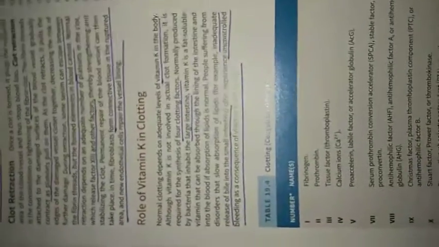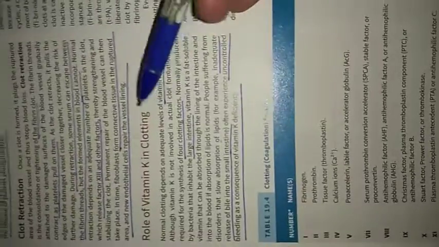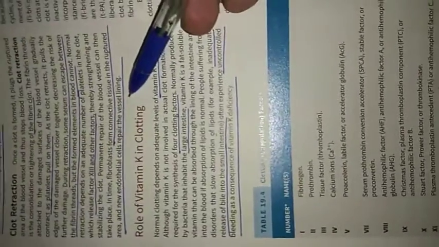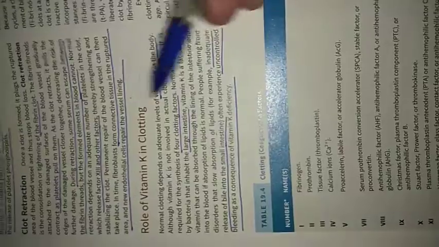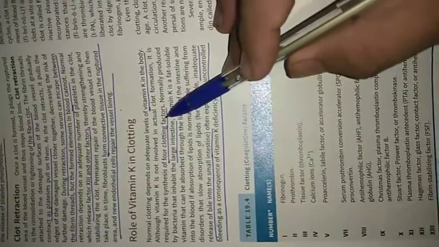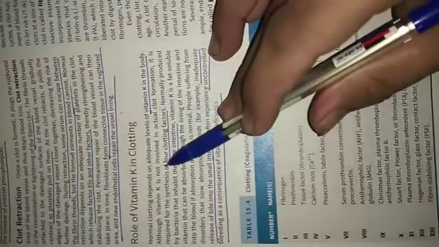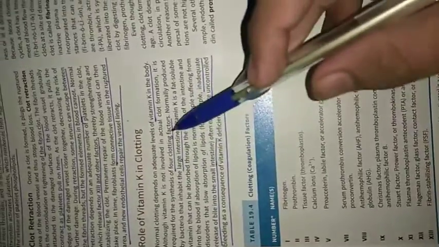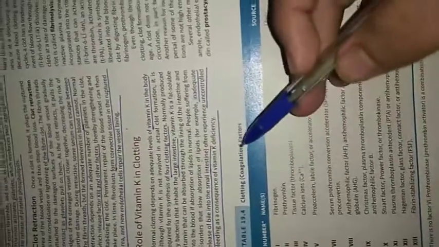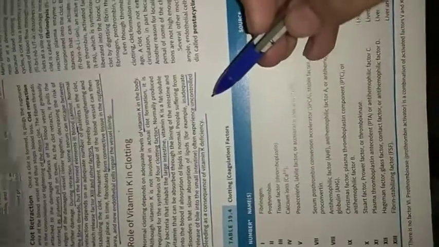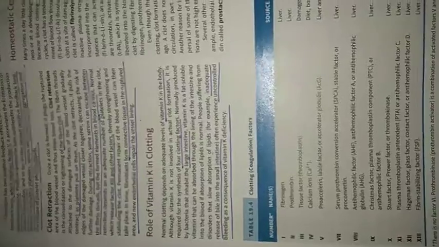Along with the clotting, vitamin K is very essential for clotting, as it is responsible for four clotting factors that are absorbed from the large intestine, and in the deficiency of vitamin K, clotting can be disrupted.